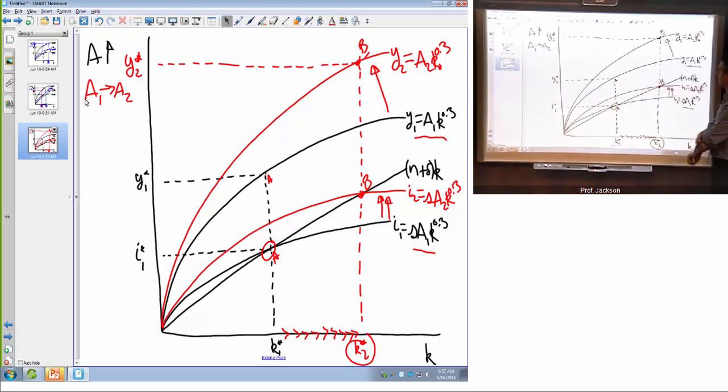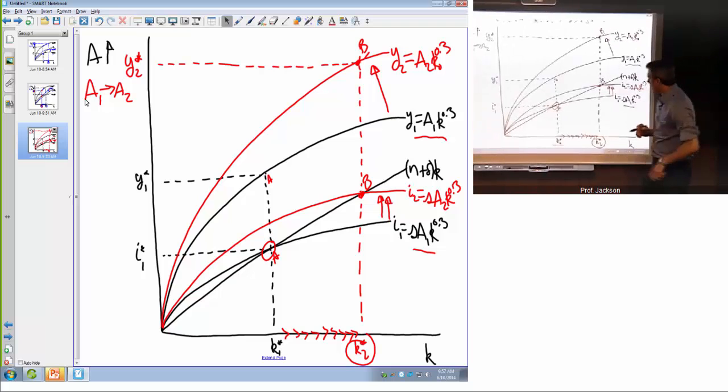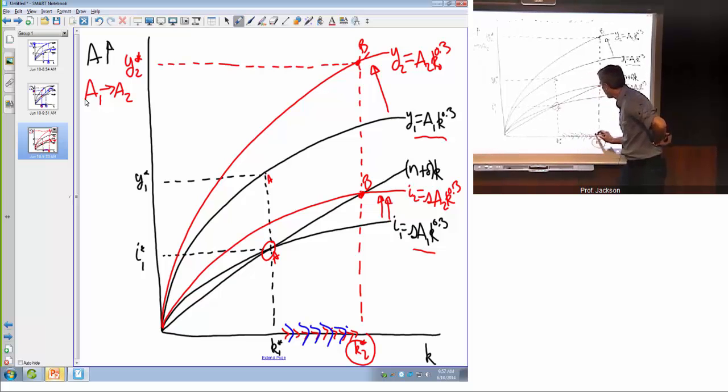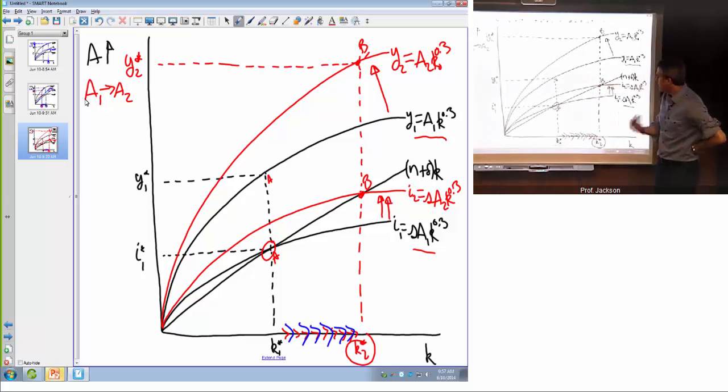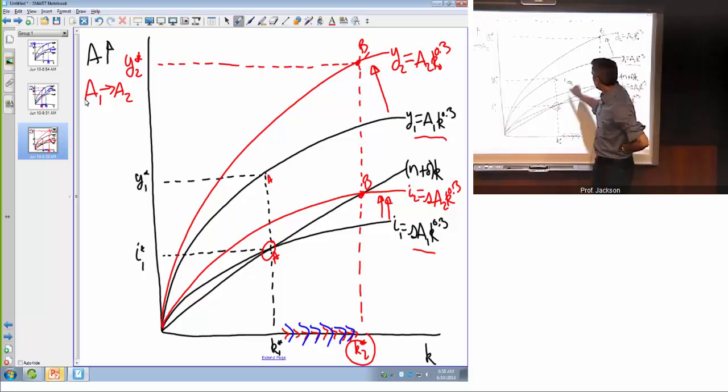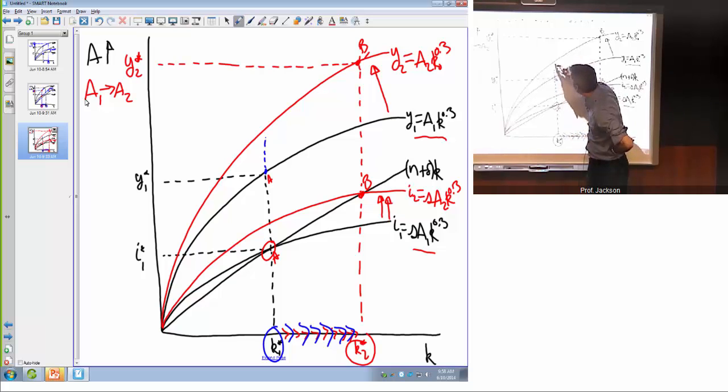Now, here's the point that's crucial to this story, right? This change, this capital adjustment process, this happens over time. And so the immediate impact of this increase in total factor productivity is to move our production function. At this level of capital here, the amount of output that we're producing is going to immediately shift up to what we'll call B prime.